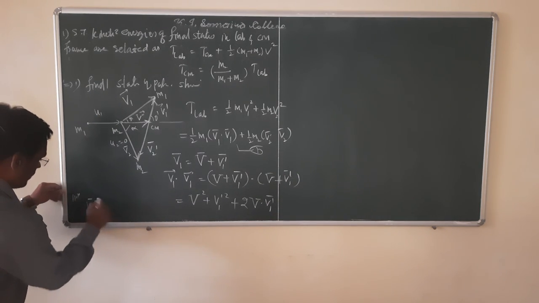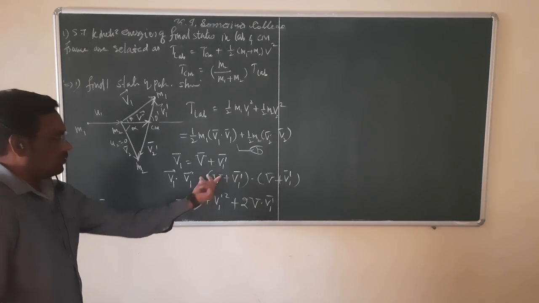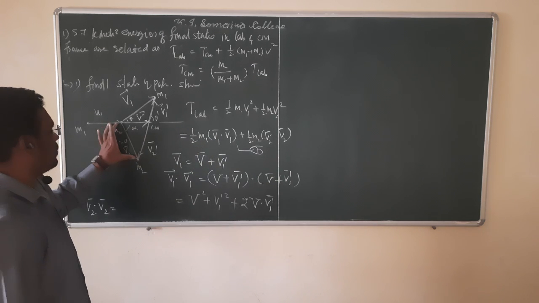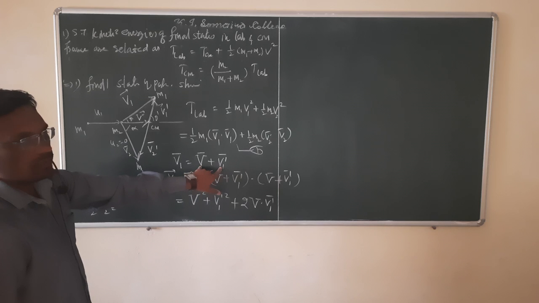Similarly, if you take V2 dotted with V2, on similar lines you can write vector V2 as capital V plus V2 dash.